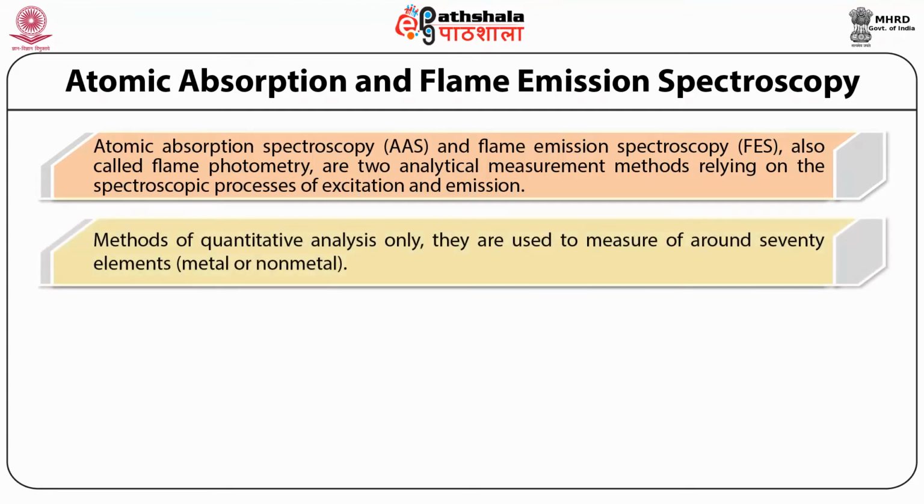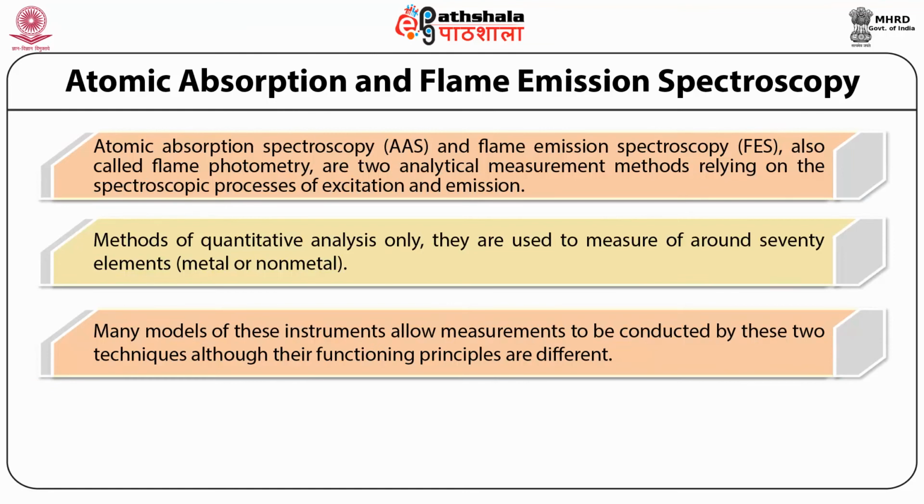These are methods of quantitative analysis only, and they are used to measure around 70 elements, metals or non-metals. Many models of these instruments allow measurements to be conducted by these two techniques, although their functioning principles are different.